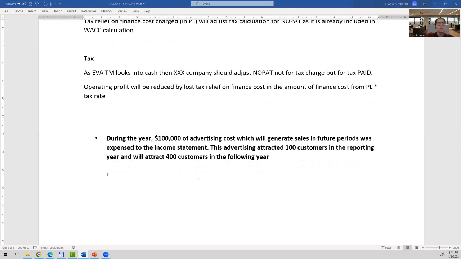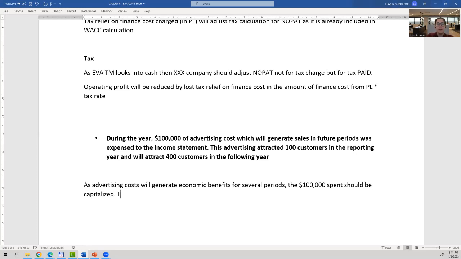Okay, so as advertising cost will generate economic benefits for several periods, the $100,000 spent should be capitalized. Then it will be amortized based on the useful life.